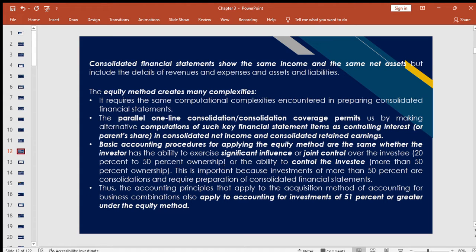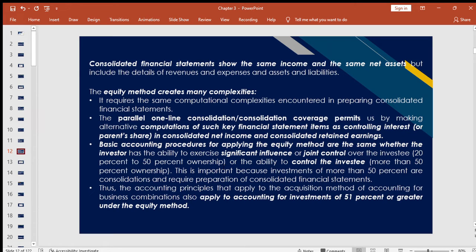So, technically, the same accounting principles would apply whether it is significant influence, joint control, or even a controlling interest when accounting for investment under the equity method.